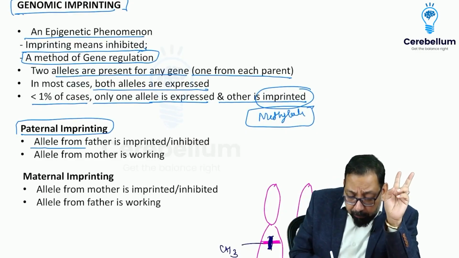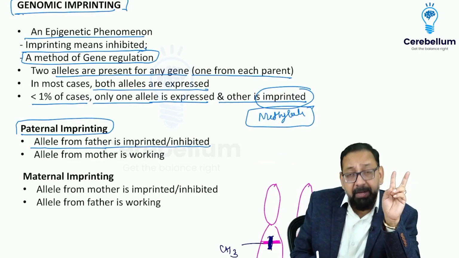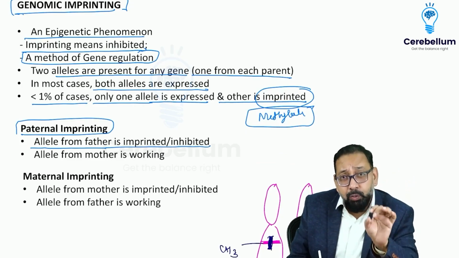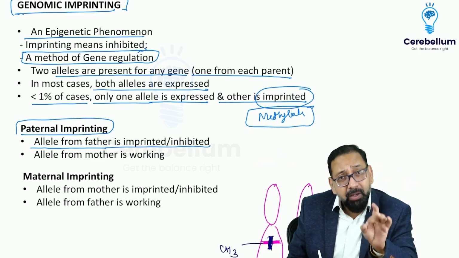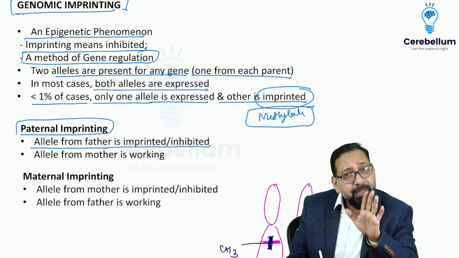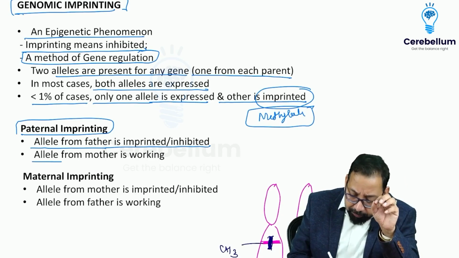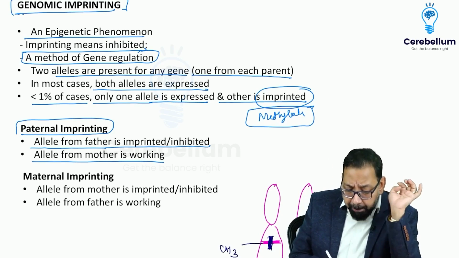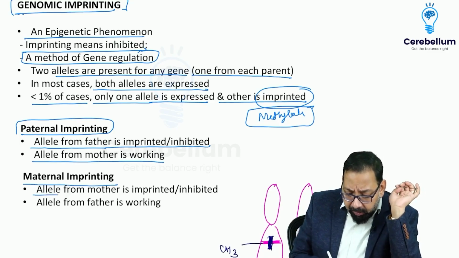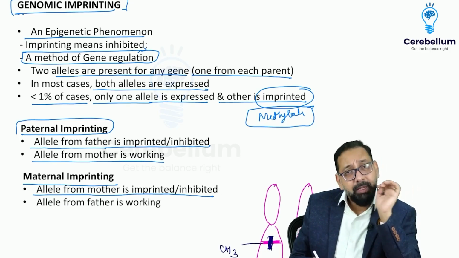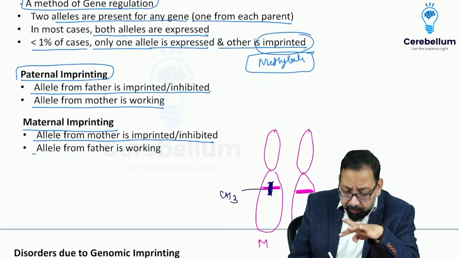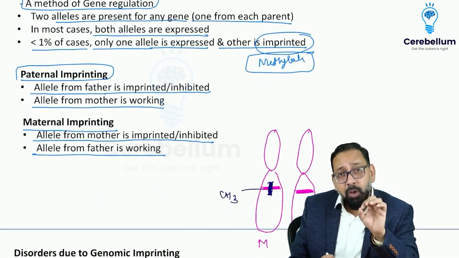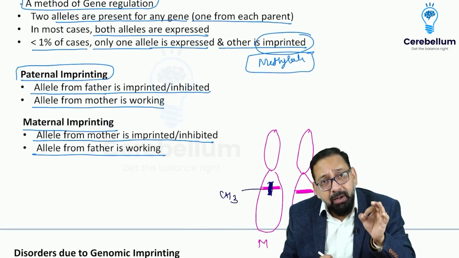If the allele from the father is imprinted, inhibited, meaning if you do methylation of the father's allele, then it would be inhibited and the allele from the mother is working. So we will say paternal imprinting. Maternal imprinting means the allele from the mother is imprinted, in an inhibited state, but the allele from the father is working. So this is called maternal imprinting.